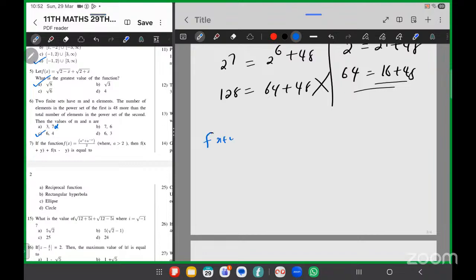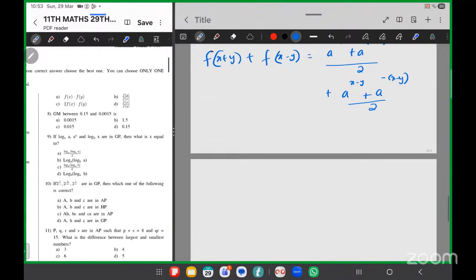So f of x plus y plus f of x minus y, you can write it as a raised to x plus y plus a raised to minus x plus y by 2, plus a raised to x minus y plus a raised to minus of x minus y divided by 2.